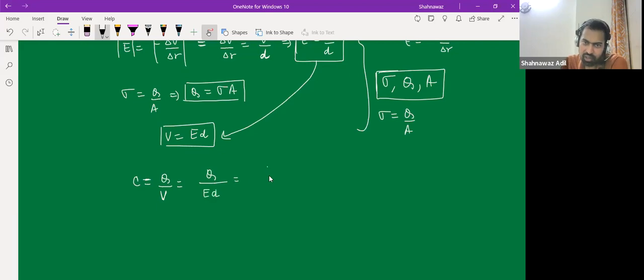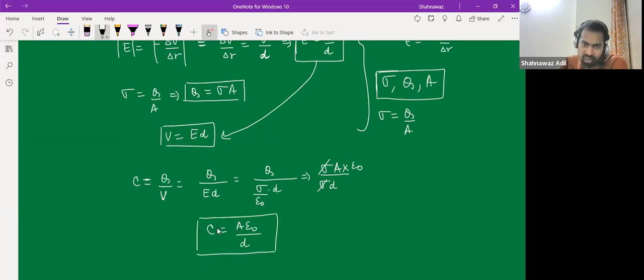And E we have calculated, which is sigma by epsilon naught, into D. And Q we have calculated, which is sigma A. So sigma A in the numerator, sigma D in the denominator. So sigma cancels and capacitance is A epsilon naught by D. Right. So this is the capacitance of a parallel plate capacitor.